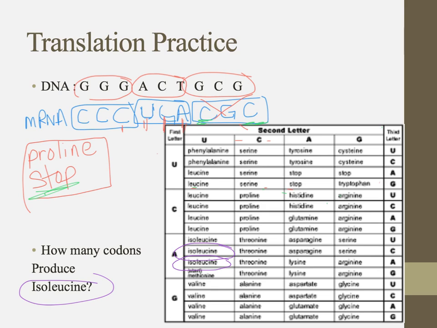So it's looking to me like I can have two different codons to make this. A, U, C, and A, U, A, both make isoleucine. So in some cases, we can have multiple ways of getting the same amino acid.